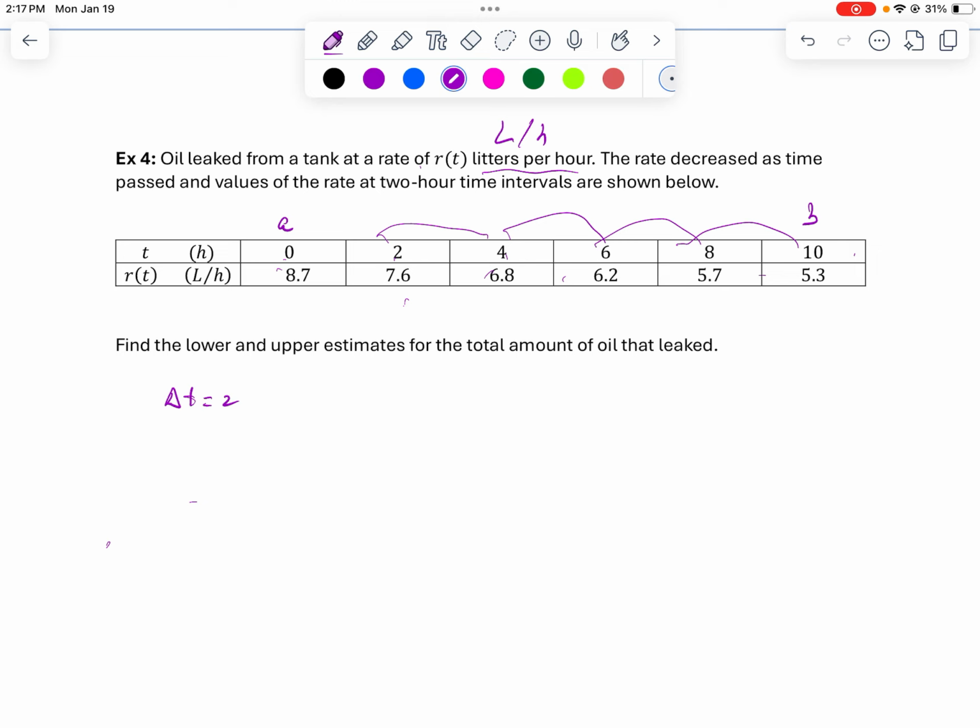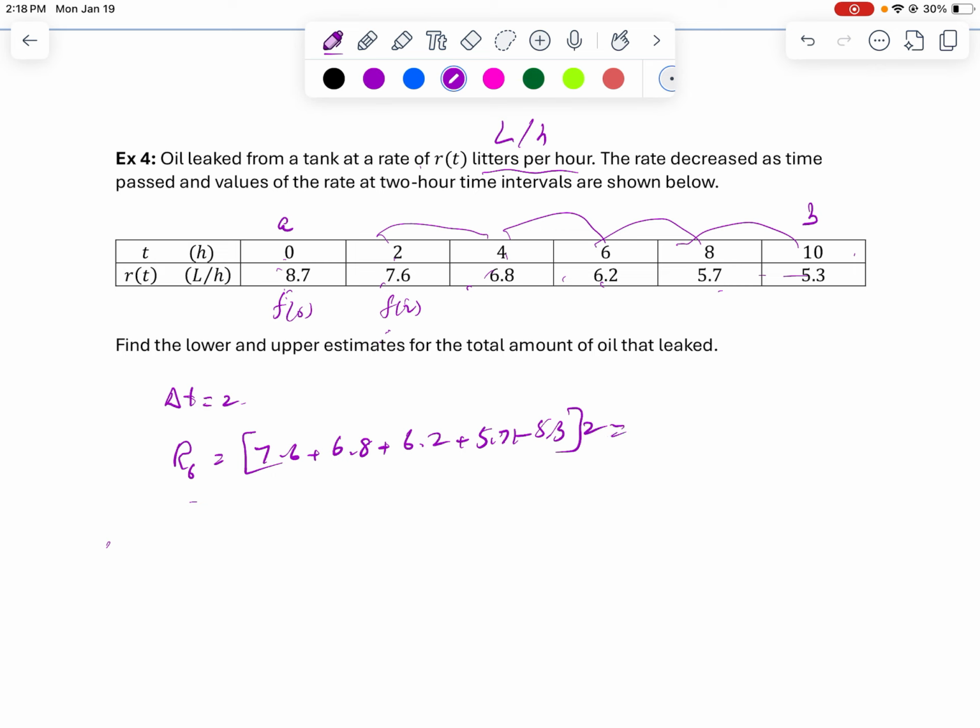We can directly say R sub 6 will be equal to, remember, we will leave the first value and start with the second value. 7.6 plus 6.8 plus 6.2 plus 5.7 plus 5.3, all multiplied by 2. So that gives me 60. So 60 what? 60 liters.